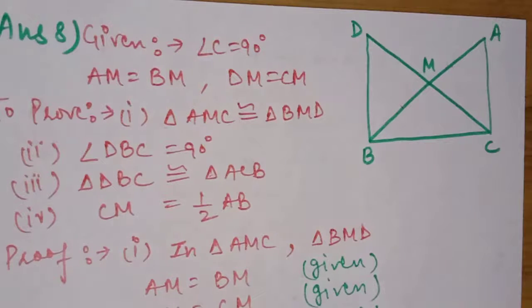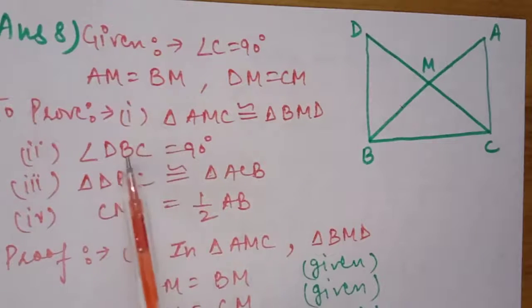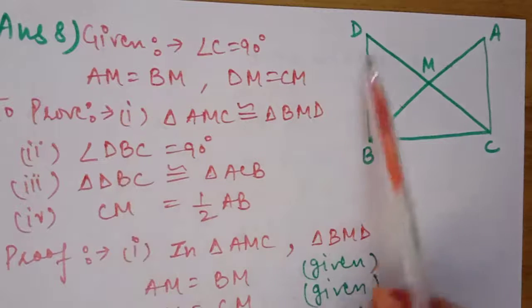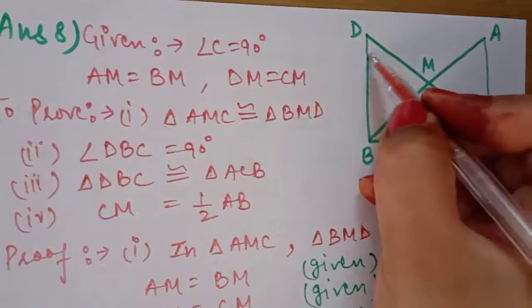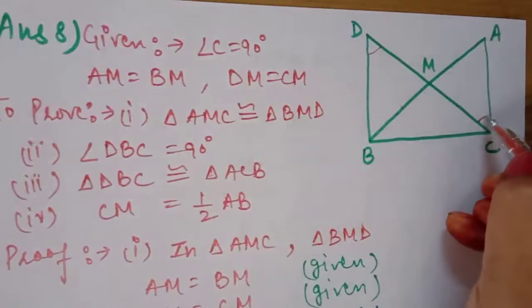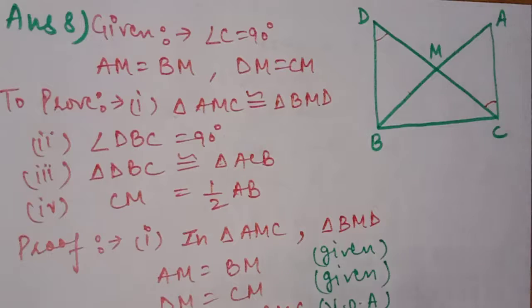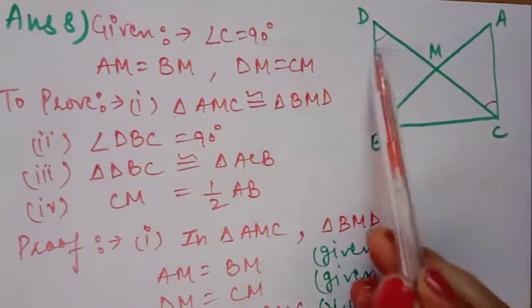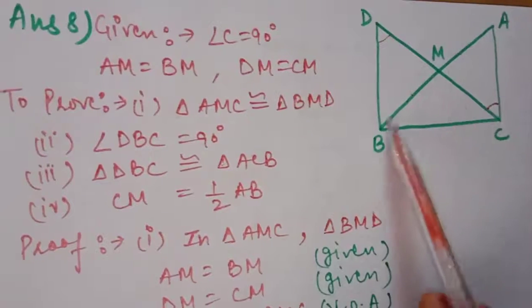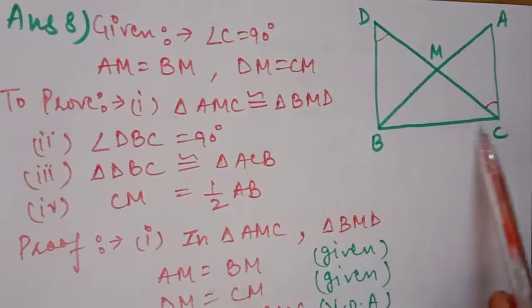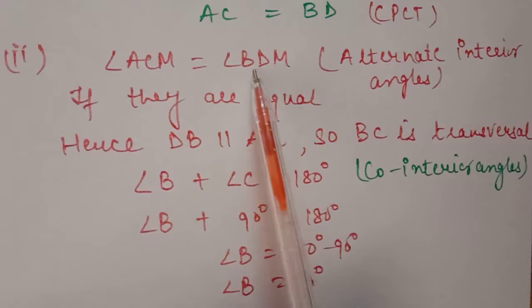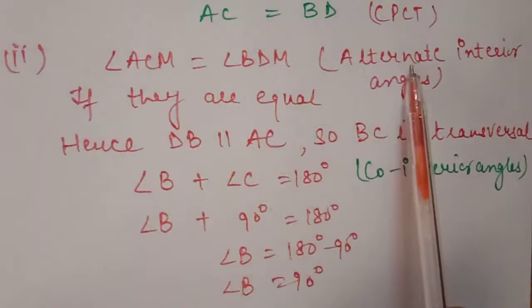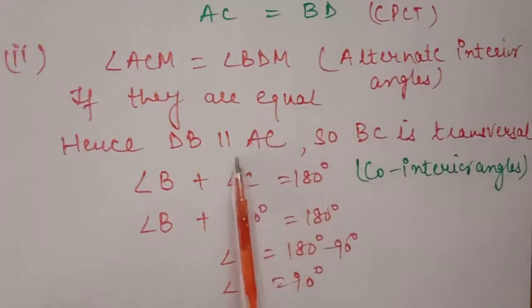Now for the second part, we have to prove that angle DBC, meaning angle B, is 90 degrees. If these two angles, this angle and this angle, are equal to each other, they are a pair of alternate interior angles. So definitely these two lines are parallel and BC is a transversal. Both angles are equal by CPCT in the first part, but they are a pair of alternate interior angles, so the lines are parallel.